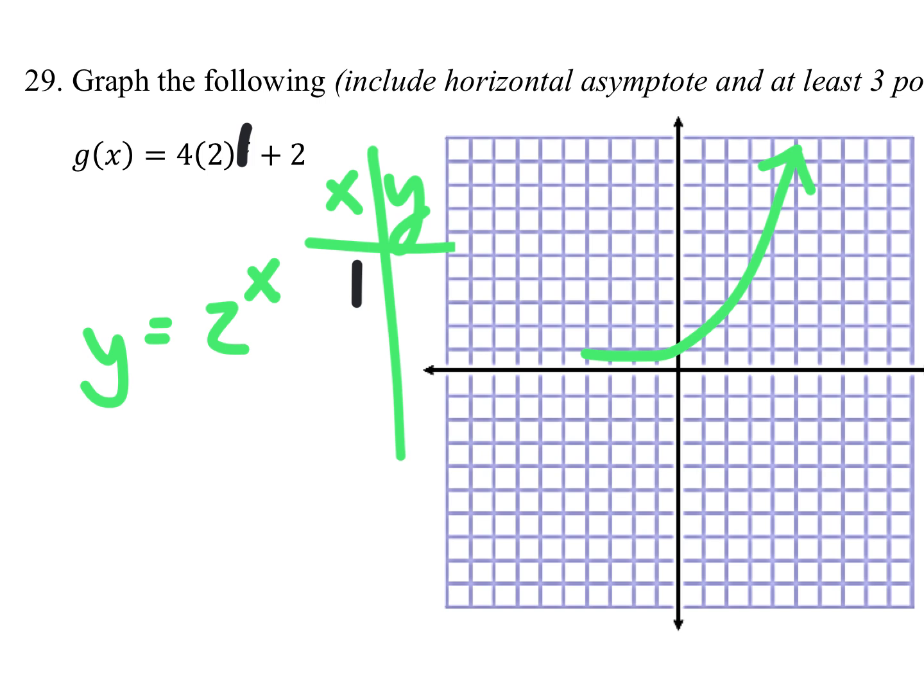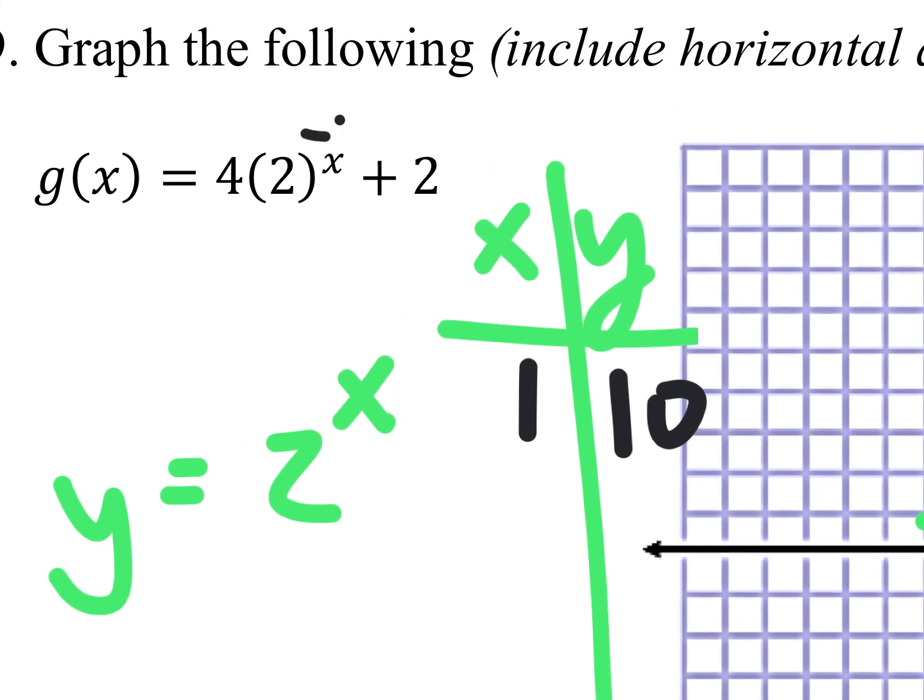Join the dots. If I put in x is 1, I would get 4 times 2, which is 8, plus 2 is 10. 1 comma 10, that's a point. Find more points. Don't forget that negative 1 is a powerful 1. It's not like incredibly hard. 2 to the negative 1 means you flip it over and makes it 1/2. And then 1/2 times the 4 would be 2, and then you add another 2, and you're back to 4.